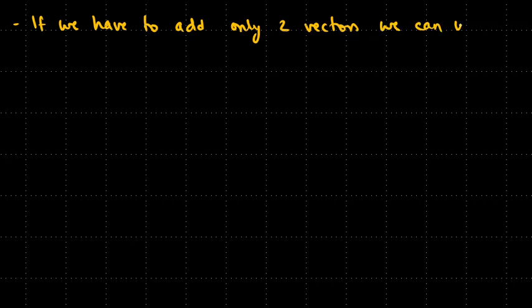If we have to add only two vectors, we can use either the triangle law or the parallelogram law.